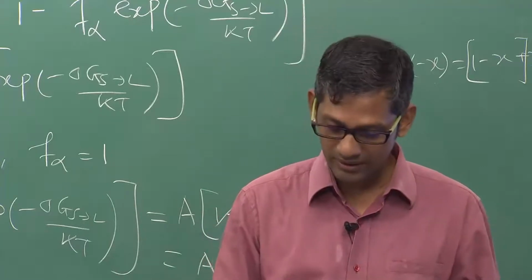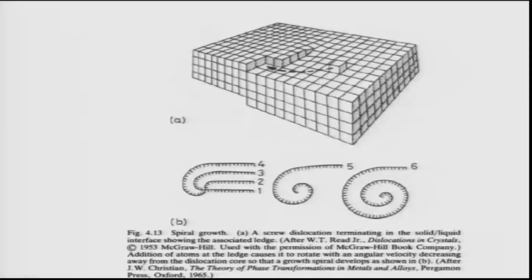That's what you see here: it is getting rotated. As more atoms come, this was there, then it is rotated and comes like this. So the screw dislocation is another way of creating a ledge, or a surface structure where these atoms can attach. So one is 2D nucleation, otherwise the screw dislocation. These are the two basic things which people see here.